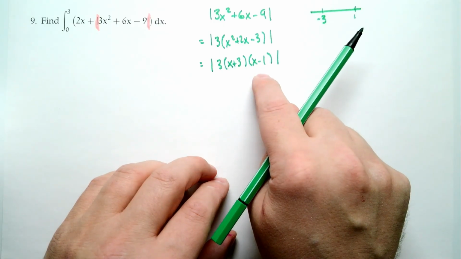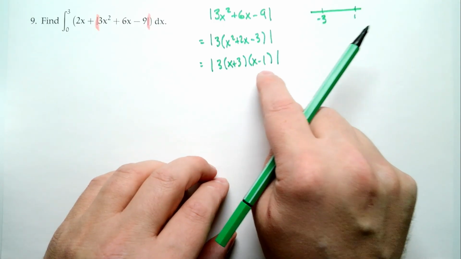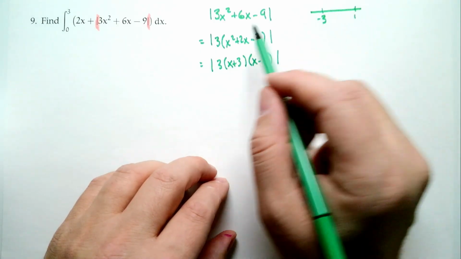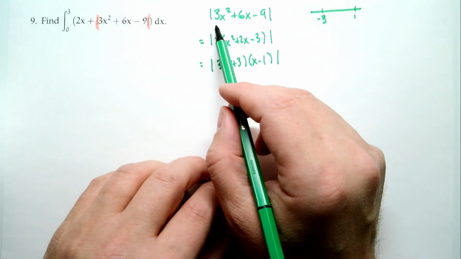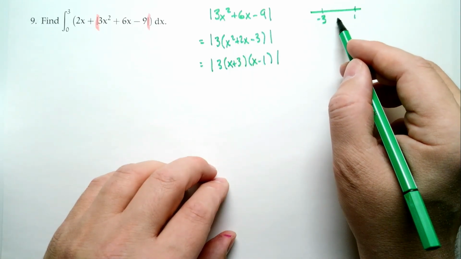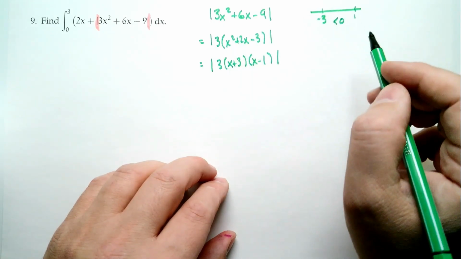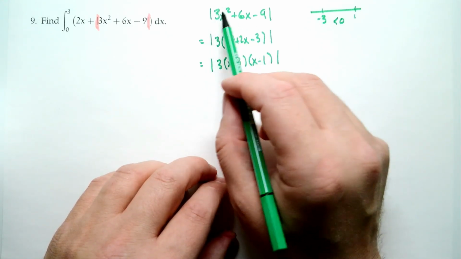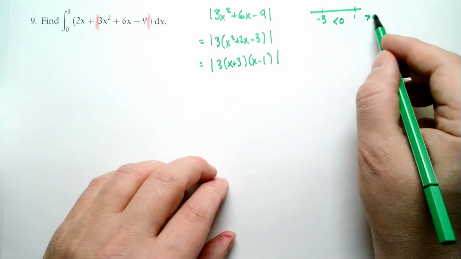And now what I can do is I can say, well, what's happening elsewhere? So if I pick a number between negative 3 and 1, say I pick 0, if I plug it in, I'll get 0, 0, negative 9, means that my function's negative here. But if I pick a big number like 1,000,000, well, then the leading term dominates, so it's going to be positive after 1.